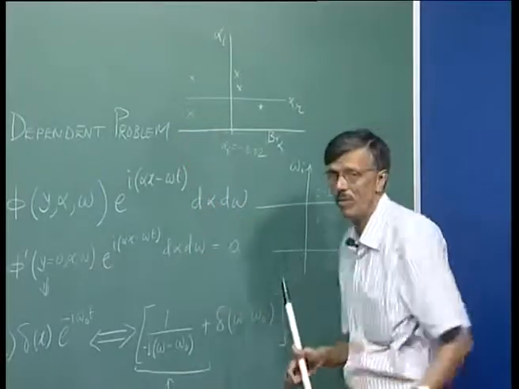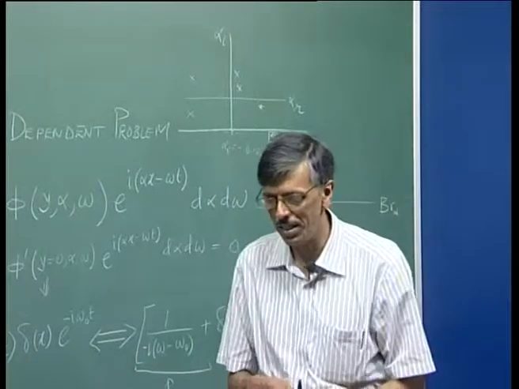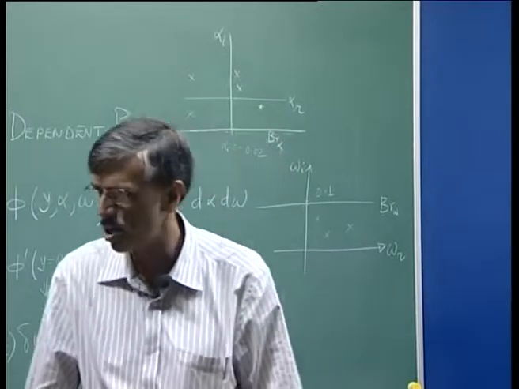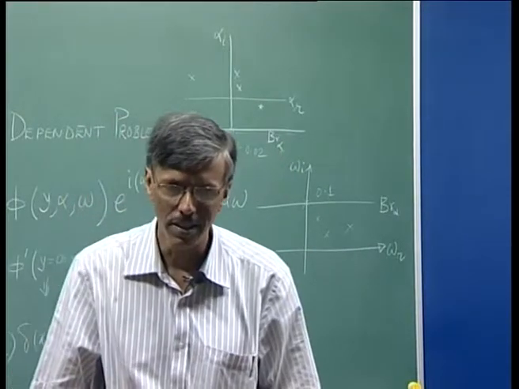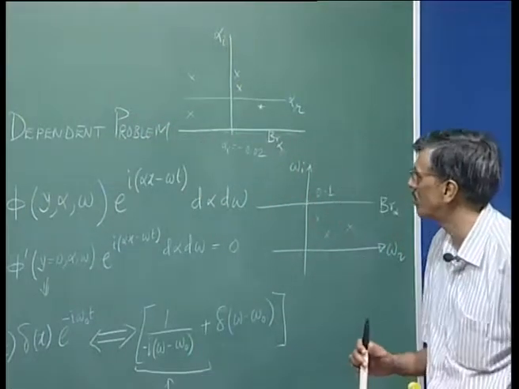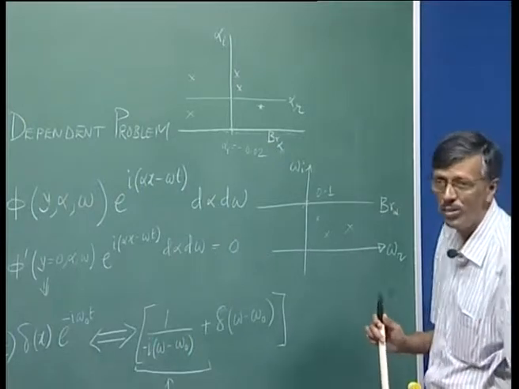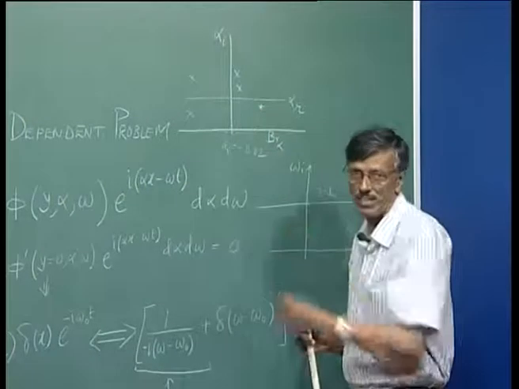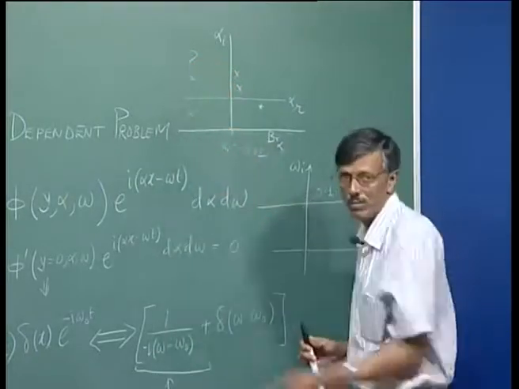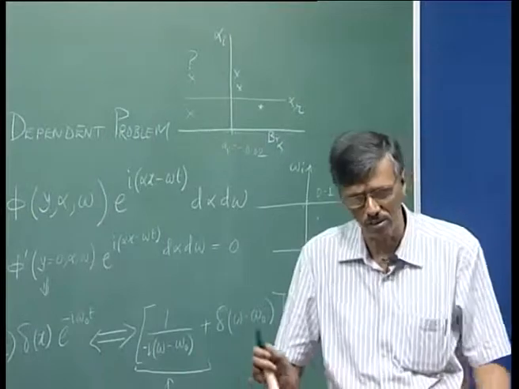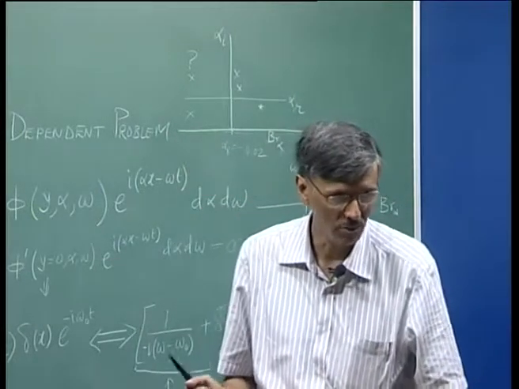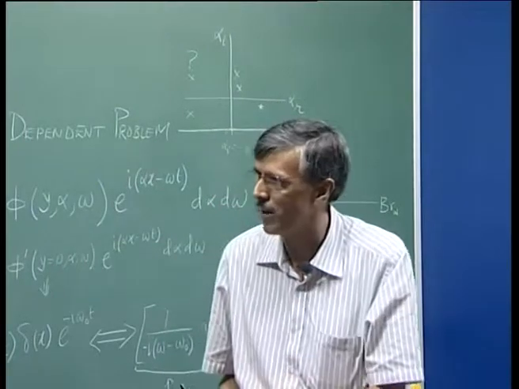It is interesting if you look at one of the papers by Ashpis and Reshotko and the book by Schmid and Henningson. Schmid and Henningson actually reproduces that figure from Ashpis and Reshotko, where they try to show this portrait and they say this with a question mark. I mean, are they there or not? They are not very sure. But our discussion very clearly shows that we could also have eigenvalues on the left half plane.